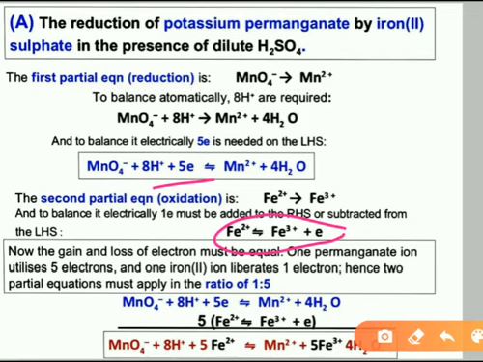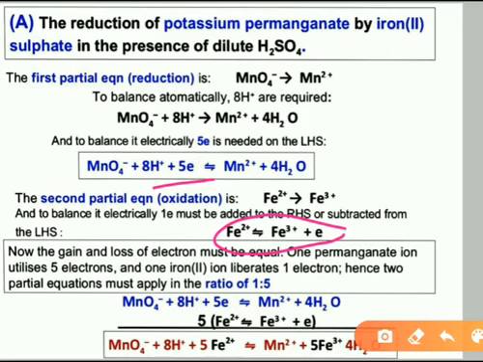So here we can equalize the first partial equation and the second partial equation. Now the gain and loss of electrons must be equal, so we need 5 ferrous ions.